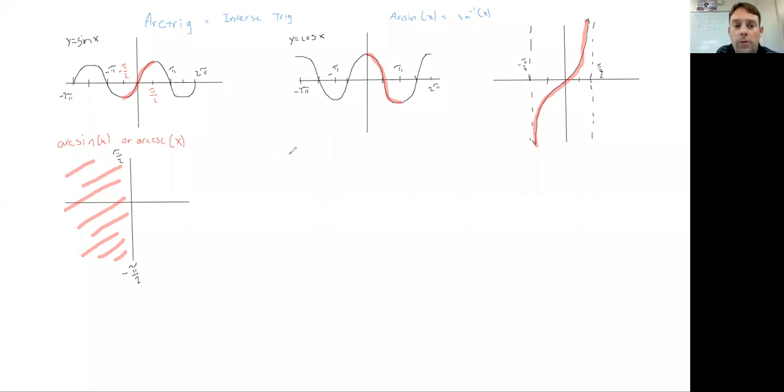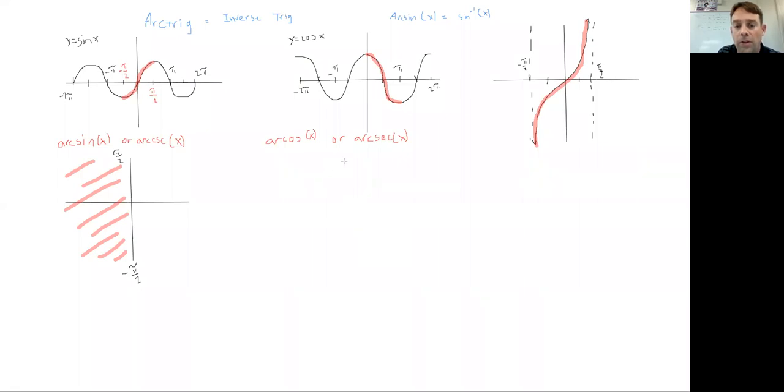For cosine, or arc cosine, and also then for that matter, arc secant, we only wanted from 0 to pi.